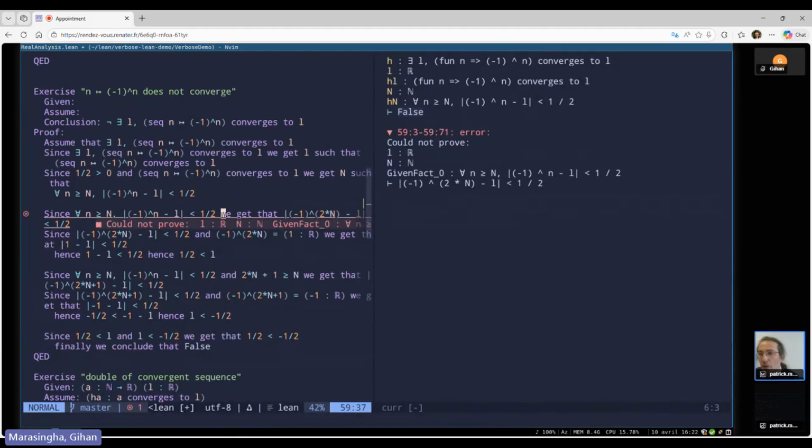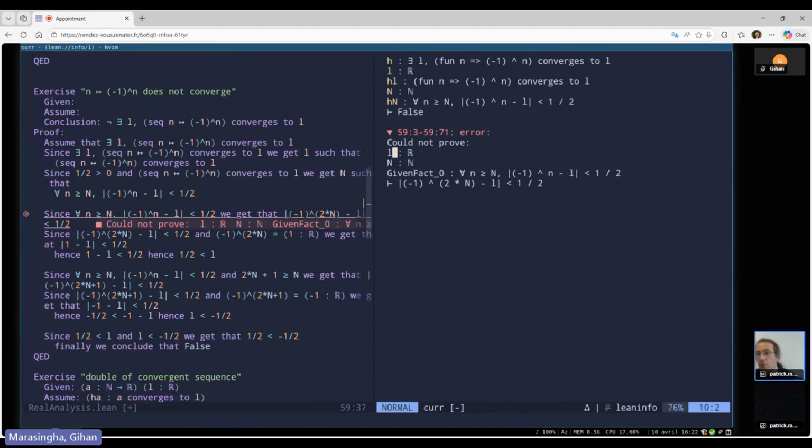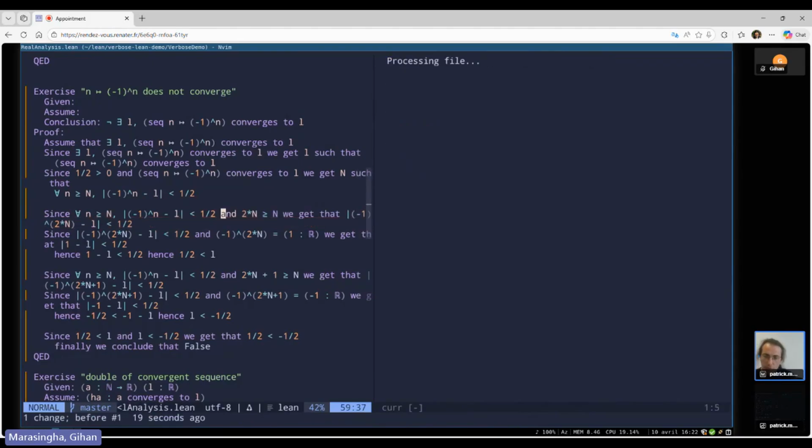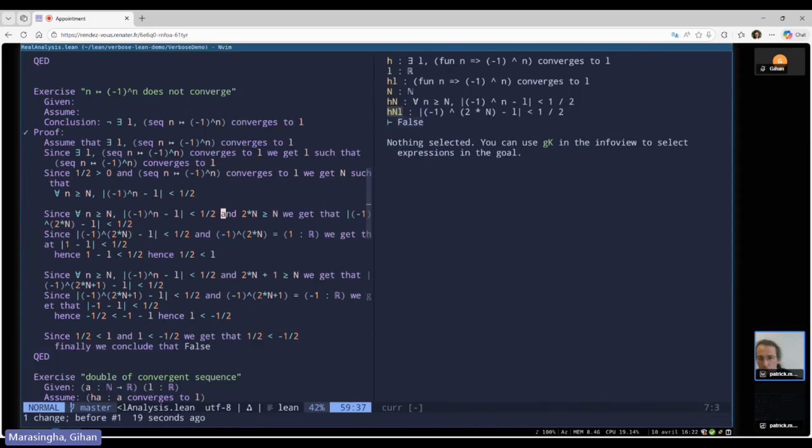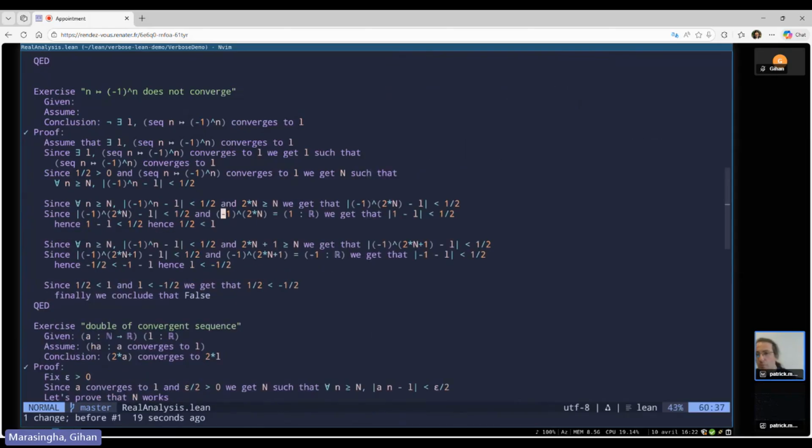It says I could not prove using the given fact that n is a real number, capital N is a natural number, and the only given fact is the one that was mentioned, and I could not prove this goal. So you need to mention everything, but not provide proofs that you would not provide on paper. And so that's what it looks like on those kinds of examples.